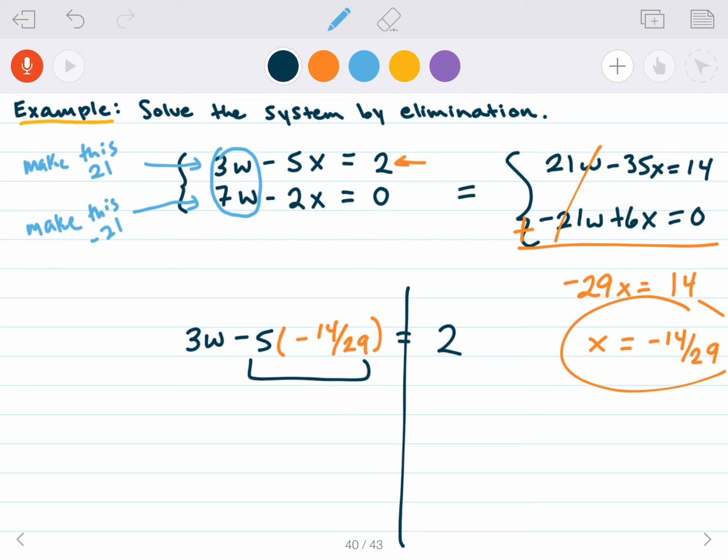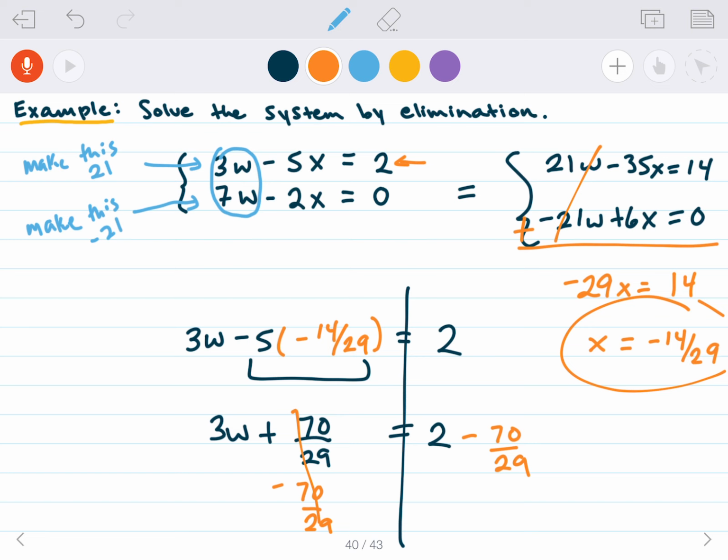So negative 5 times negative 14 over 29, I'm getting positive 70 over 29. Then I'll subtract 70 over 29 from both sides to get the w alone.